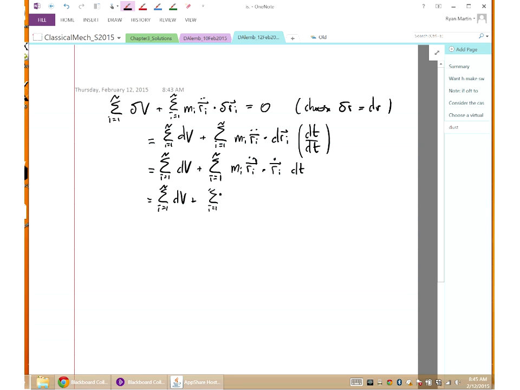So that's equal to the sum from i equals 1 to capital N of dV plus the sum from i equals 1 to capital N of, so here I have r double dot dotted with ri dot. So you agree that that's the same as a half m d by dt of ri dot squared dt.